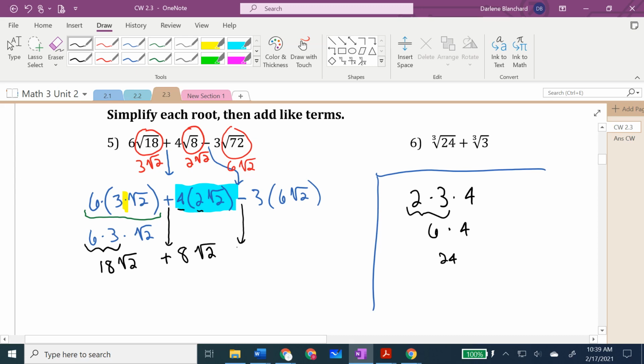All right, then that subtraction sign drops down. And can you tell me what this simplifies to? What does that simplify to?